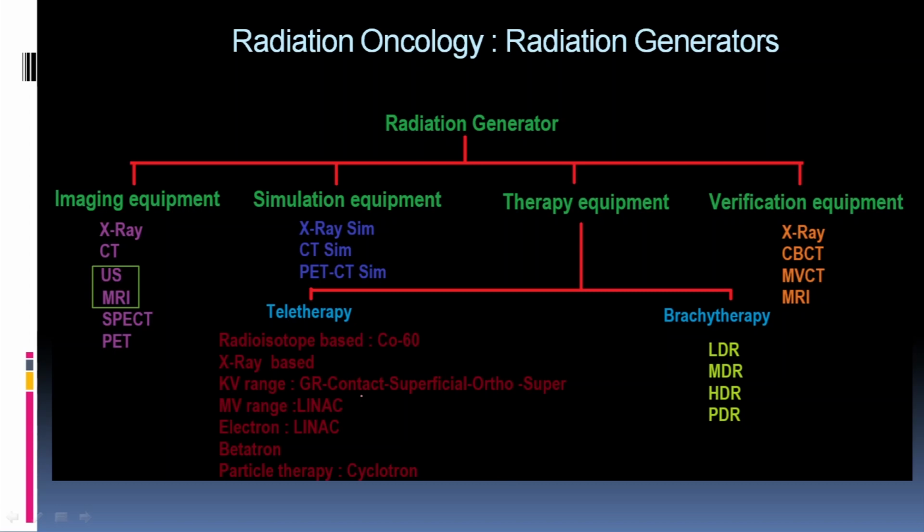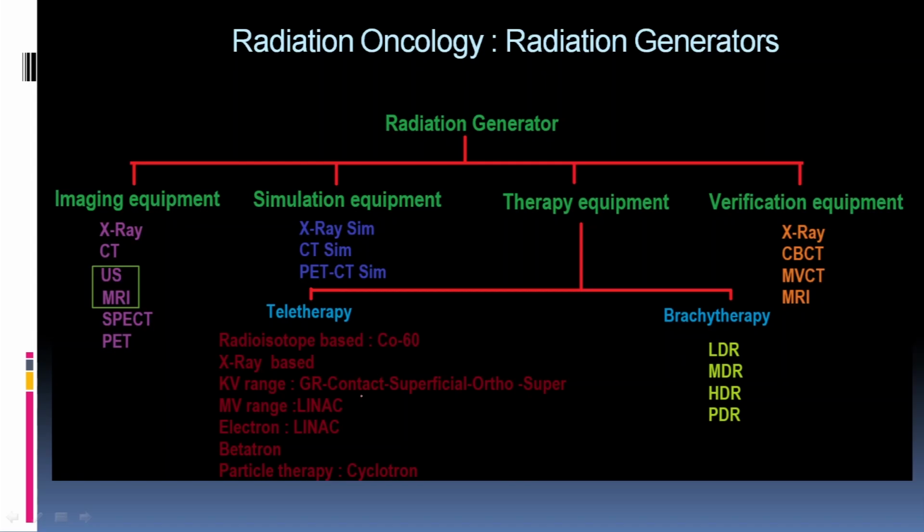And in the megavoltage range, we use the LINAC, that is the linear accelerator, where we accelerate the electron and hit the accelerated beam of electrons onto a target, and we get the X-ray, and sometimes we use the electron beam also.